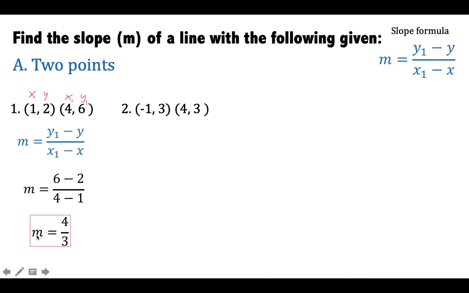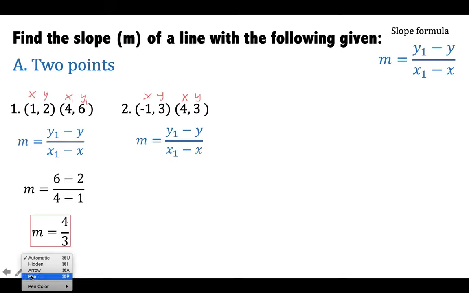For given number 2, same process, we will just label our xy. Actually, we can interchange this. We can set the first xy as our x sub 1, y sub 1, then this will be our xy. No problem because they will give the same answer. So let's say this will be our x sub 1 and y sub 1.